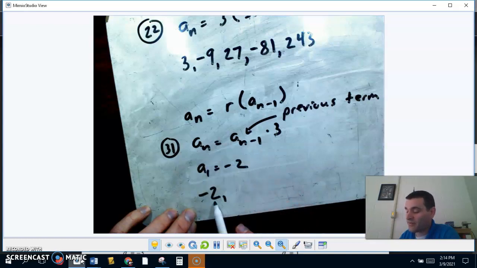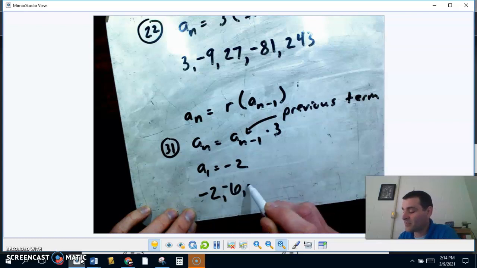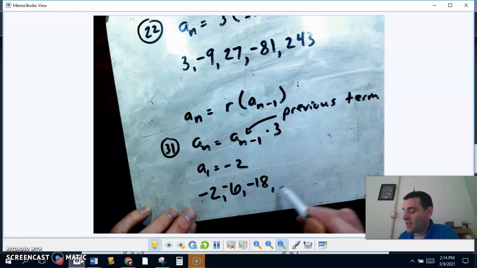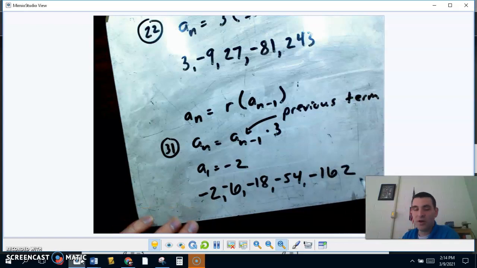So negative 2 times 3 is negative 6. Negative 6 times 3 is negative 18. Negative 18 times 3 is negative 54. Negative 54 times 3 is negative 162, I believe. Again, you can use Desmos as needed. Later on, we'll show some tricks on Desmos, but I won't immediately show you Desmos because you need to understand the concepts yourself before going there.